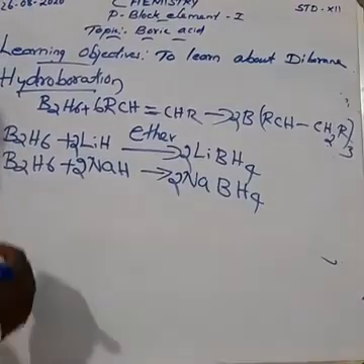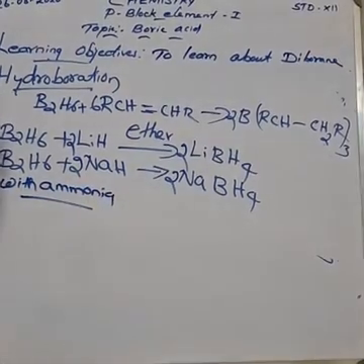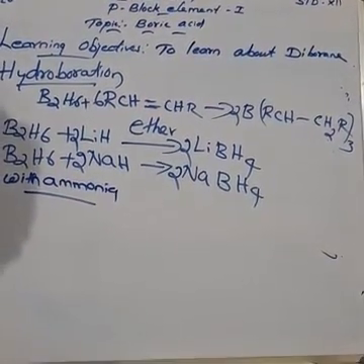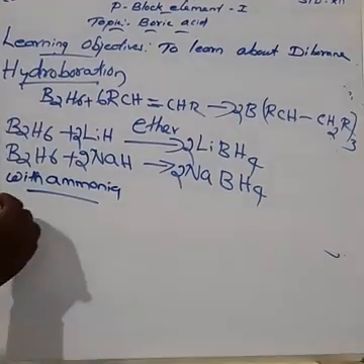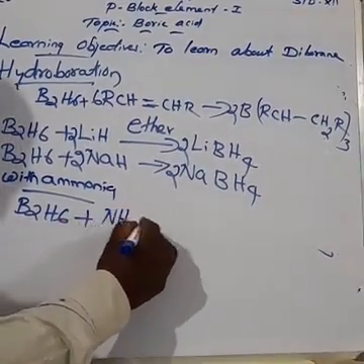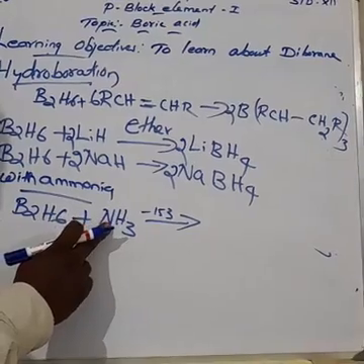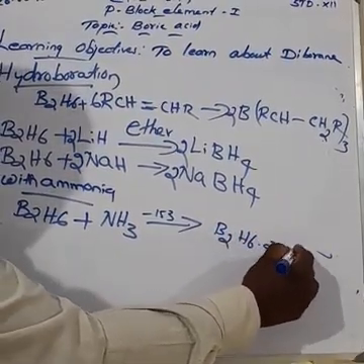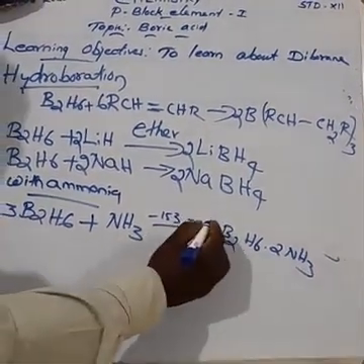With ammonia: diborane with excess ammonia at low temperature gives diborane diammonate, and at high temperature it gives borazole. Diborane B2H6 reacts with ammonia NH3 at minus 153 Kelvin, giving diborane diammonate, B2H6.2NH3. To balance the equation, make it 3 here and 3 here.